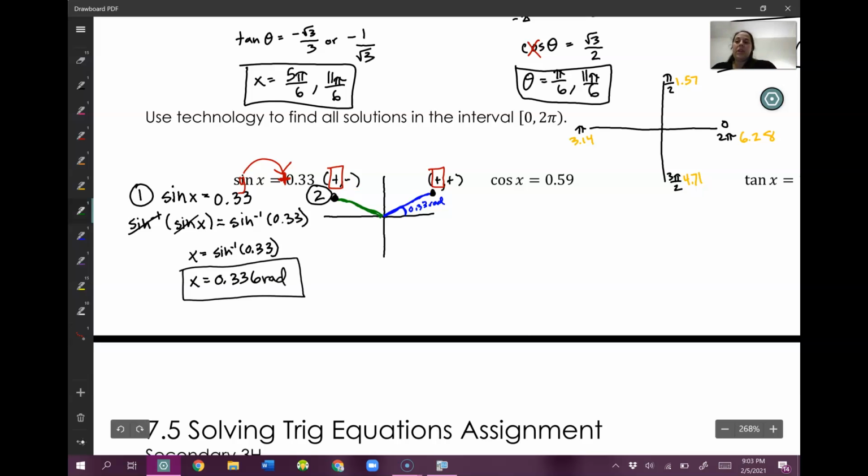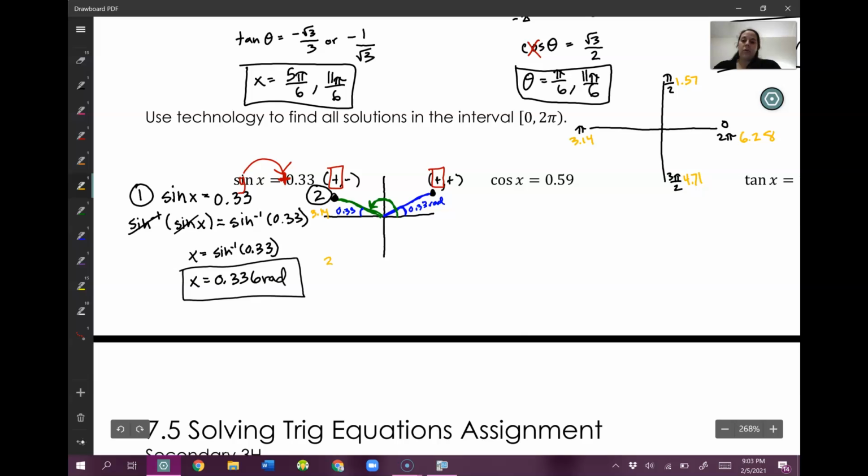So the question now is, I need to calculate this angle. Well, I know from over here that this one is 3.14. I can also use reflections to know that if this is 0.33, this is going to be the same distance, 0.33.